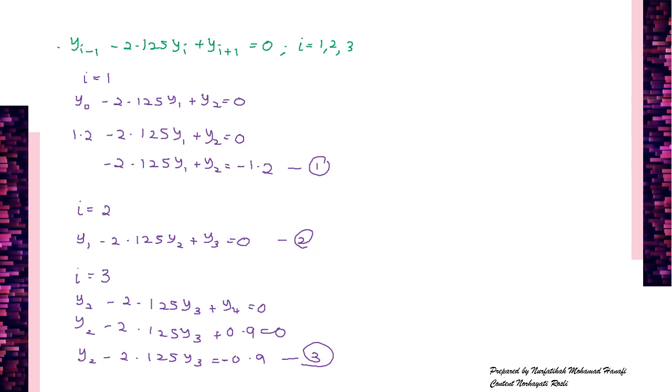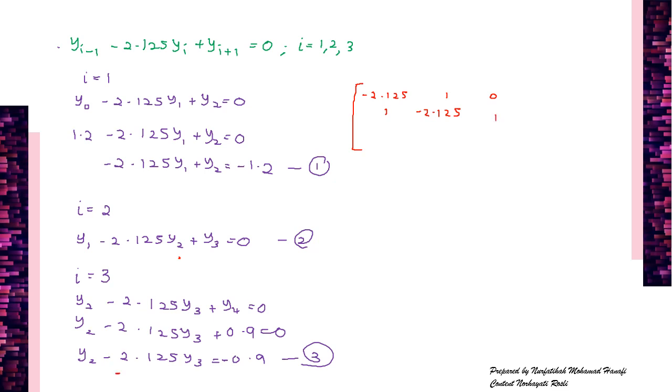Okay, from these three equations, we can transform them into matrix form, where our matrix will be a tridiagonal system. Okay, let's start to transform. For the first equation, we have -2.125y1 + 1y2 and 0y3 equal to -1.2. For the second equation, we have y1 coefficient 1, y2 coefficient -2.125, and y3 coefficient 1, equal to 0.